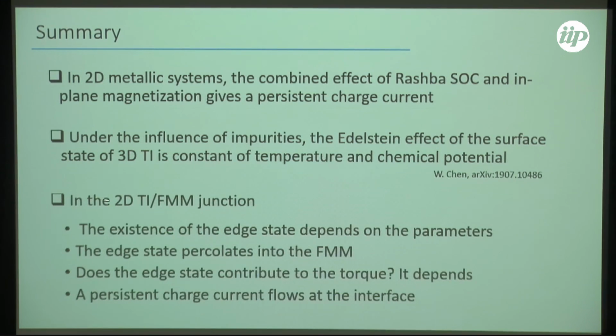And finally, in this kind of topological insulator and ferromagnetic metal junction, the existence of the edge state depends on a lot of things. And also, should the edge state exist, it will percolate into the ferromagnet. Does the edge state contribute the most to the torque? It also depends. And also, there's a prediction of persistent current there. Thank you for your attention.